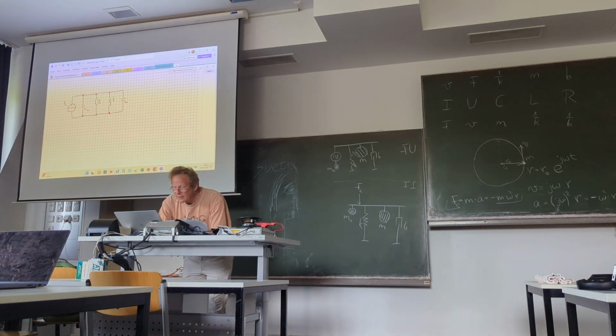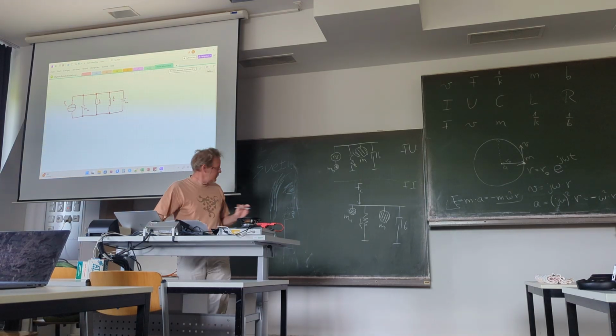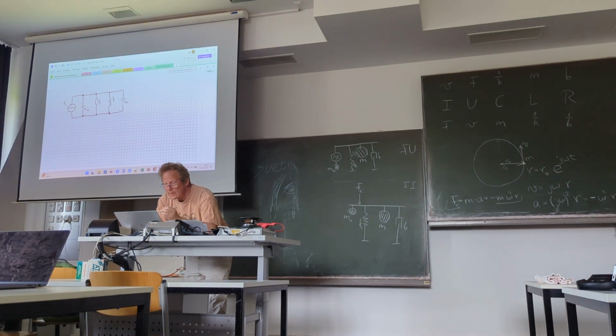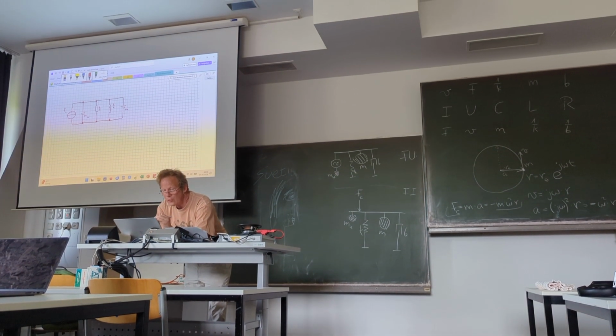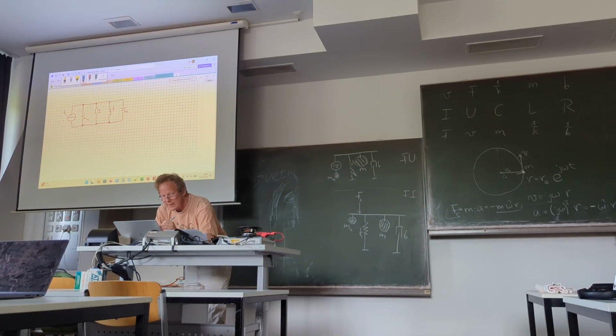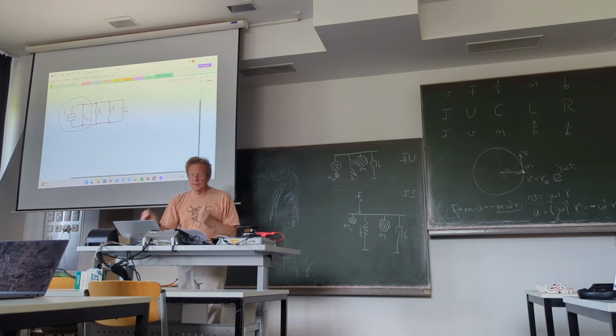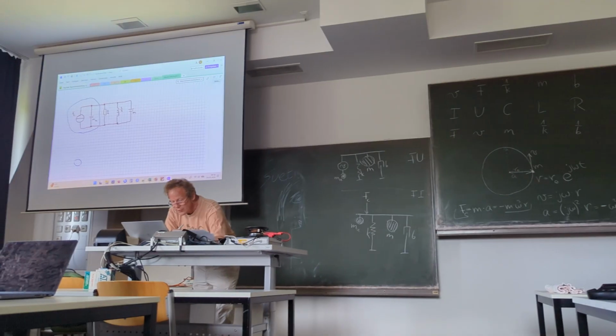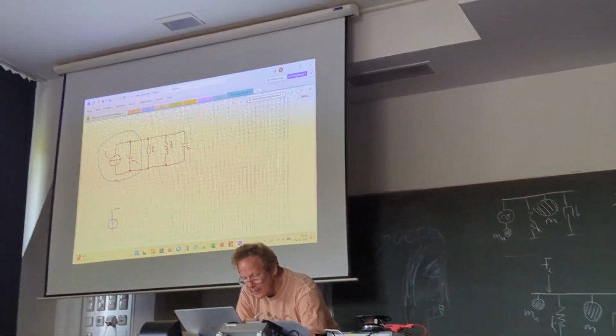Okay, and now the second model. We could derive it from the drawing, or we could say, well, let's apply this source transform. So let's take the current source with the smaller capacitor in parallel and transform this into a voltage source with a serial capacity.